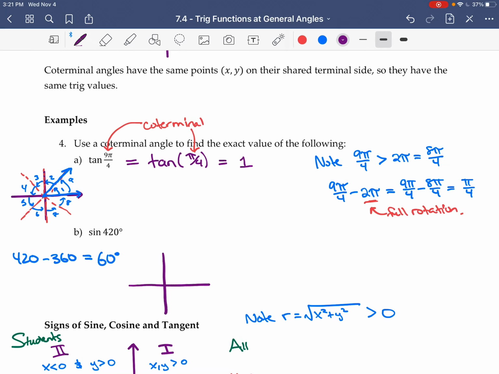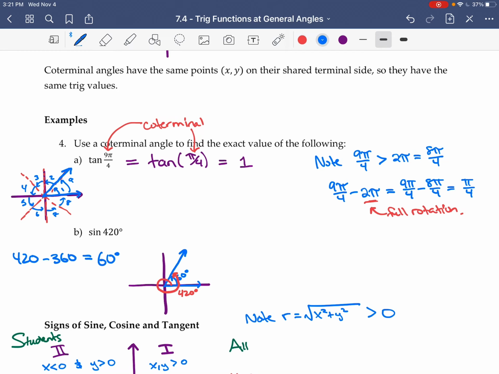So it's going to look like, okay, 60 degrees is like that. So all the way around and then 60 more is 420 degrees.